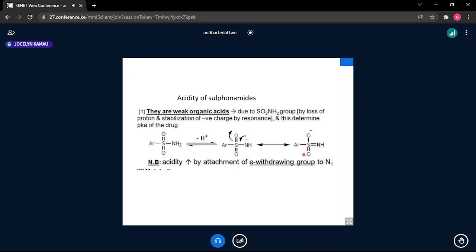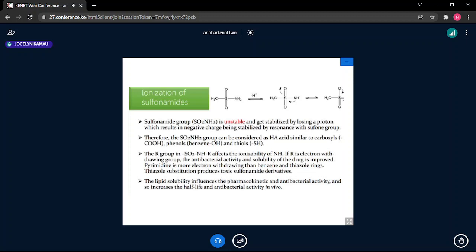So the negative charge can also be there. That sharing of that negative charge is what we are calling stabilization by resonance, and that stabilization stabilizes that anion. And as long as the anion is available, then that sulfur will have decreased toxicity. And that is still what we're explaining here.